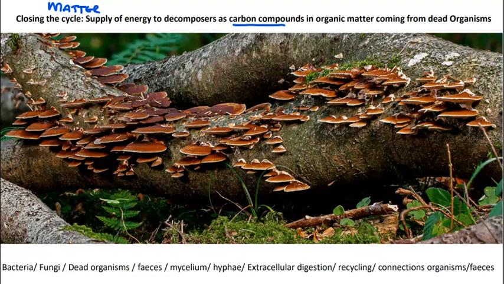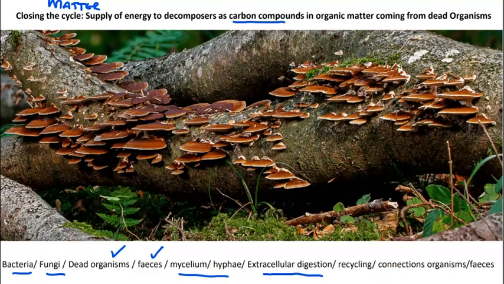The major groups of decomposers are bacteria and fungi. They break down dead organisms, feces, and often will develop mycelium and hyphal structures, the fungi do, and deploy the process of extracellular digestion in breaking down these dead organisms.